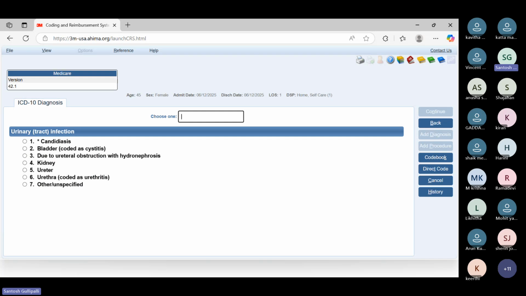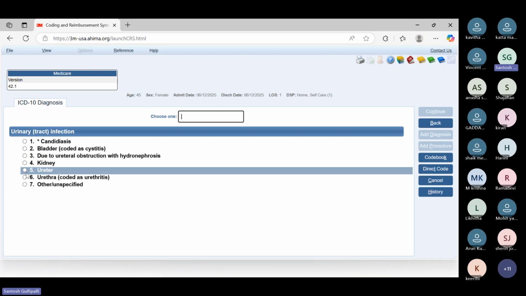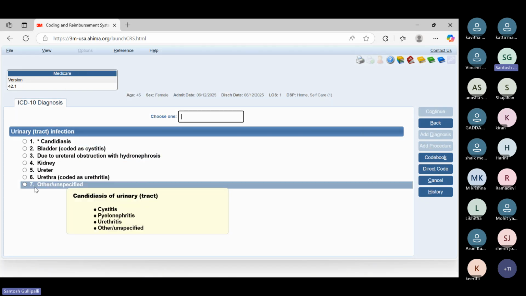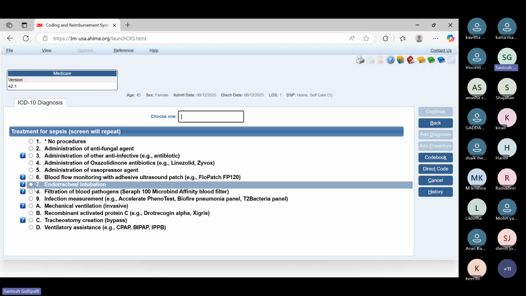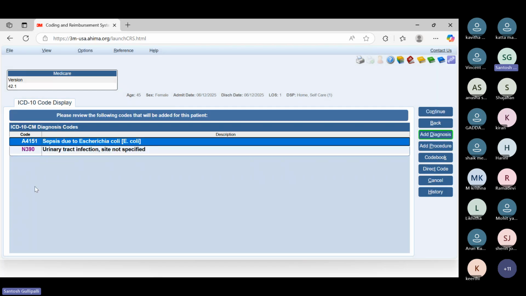Okay, the specific site of the urinary tract infection is not documented, so that's the reason we consider other or unspecified. Next, other or unspecified. No severe sepsis, no procedure. So these are the codes.